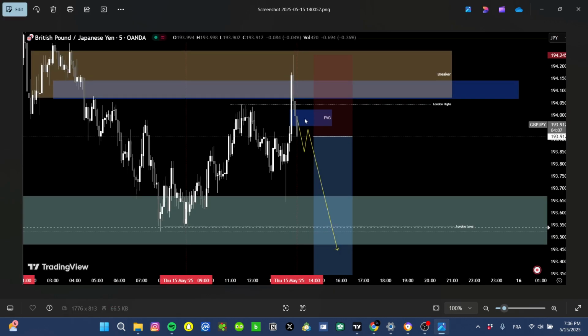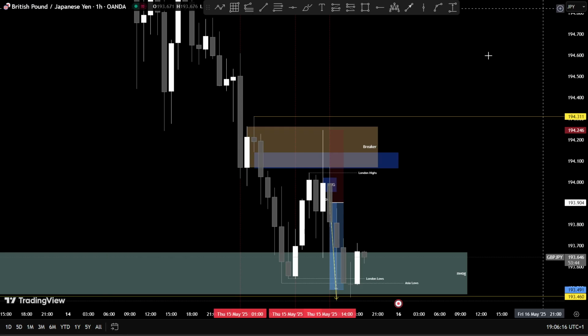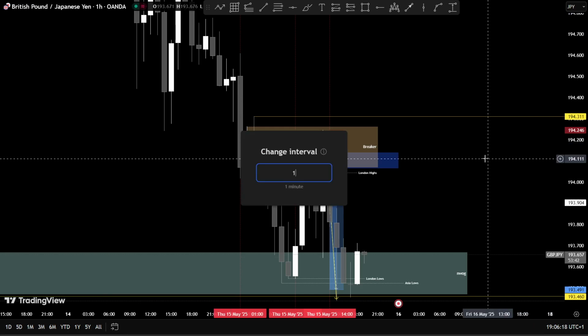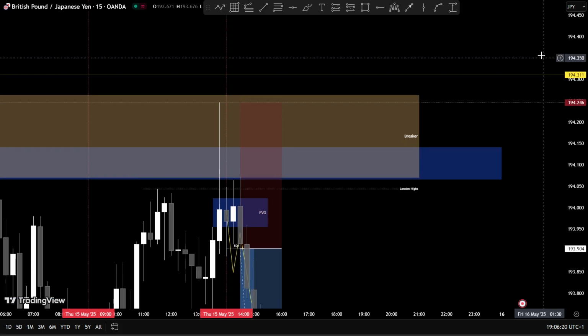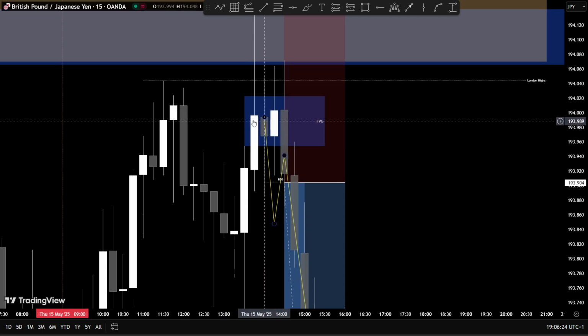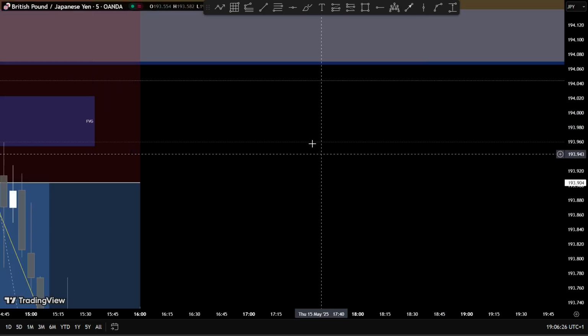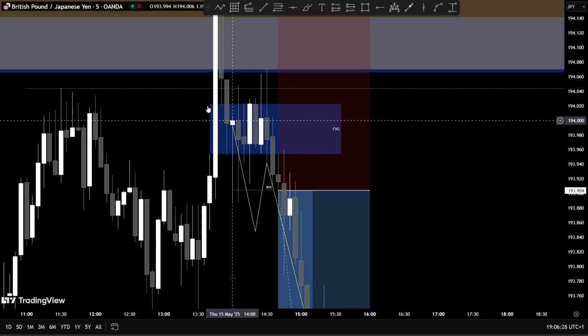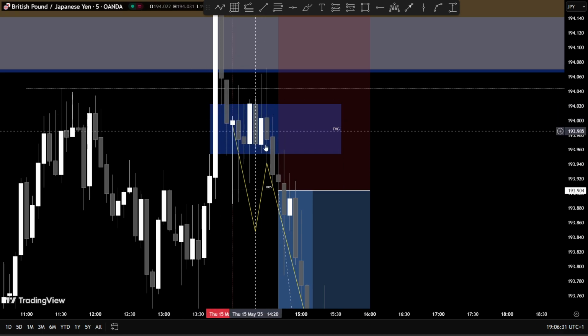I waited for this fair value gap to get invalidated. And then if we scale down to the 15-minute right here, you can see that we created some sort of structure right here, which is the waiting for this 5-minute fair value gap to get invalidated.